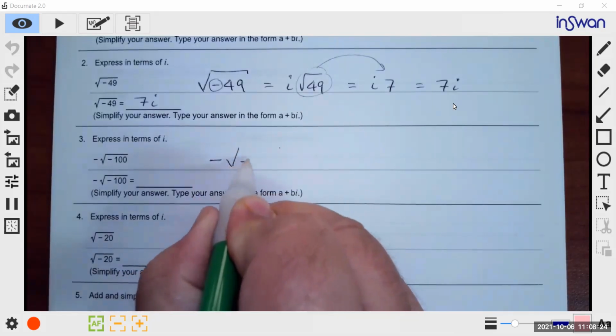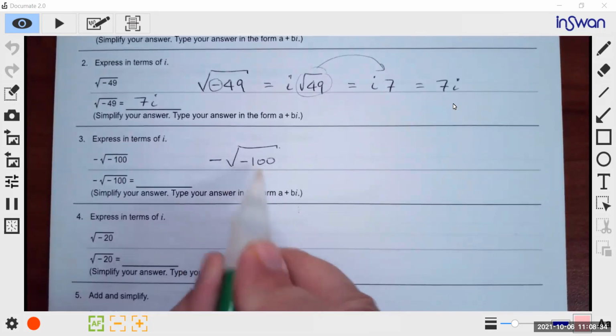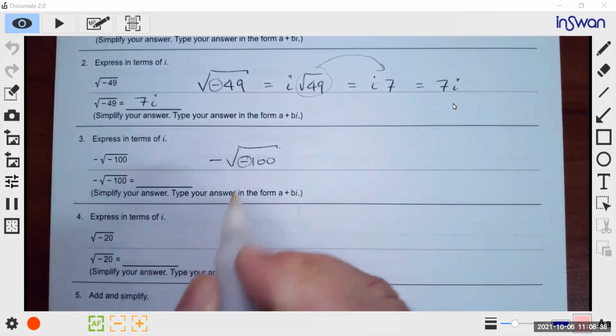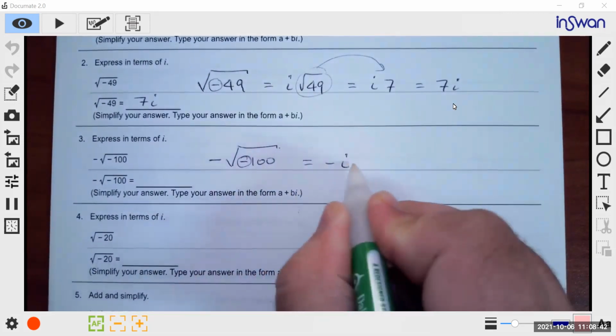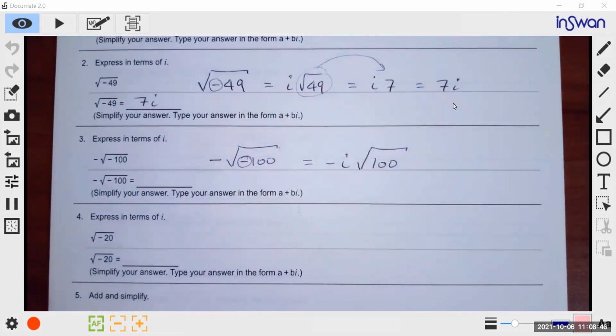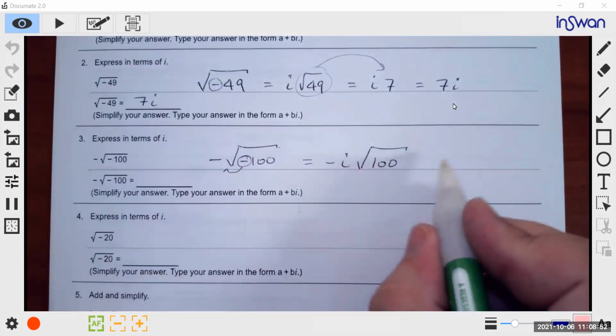Negative radical negative 100. Order of operations, we have to do inside the radical first. Take out that negative. So we have a negative i square root of 100, because that just becomes an i.